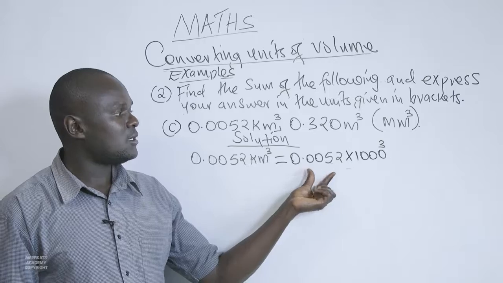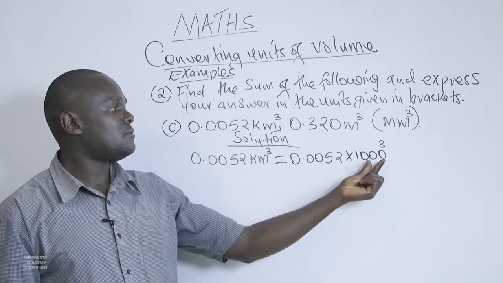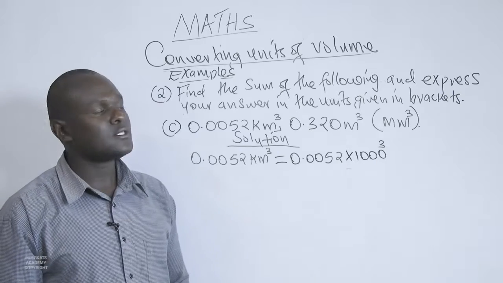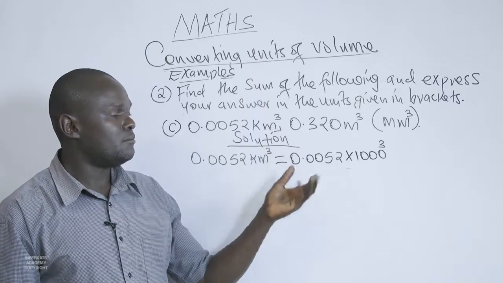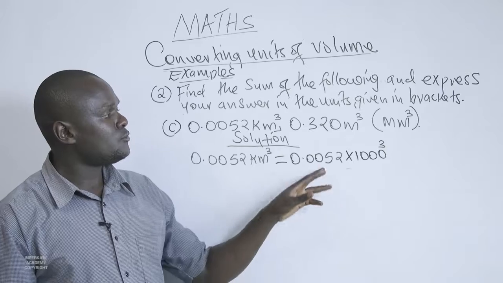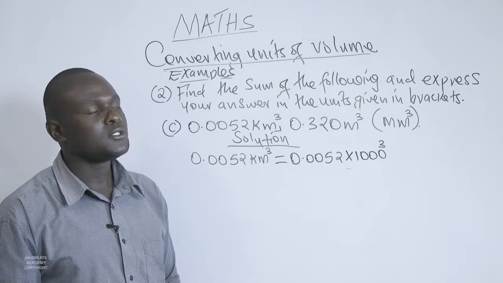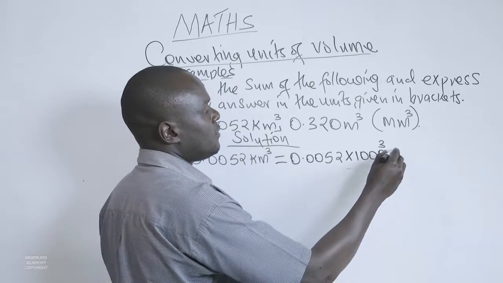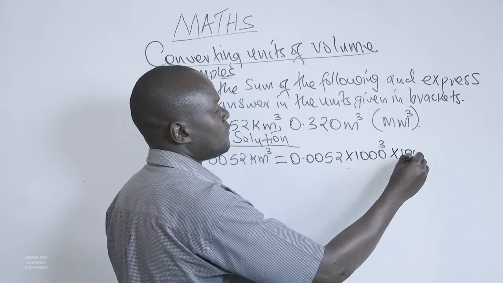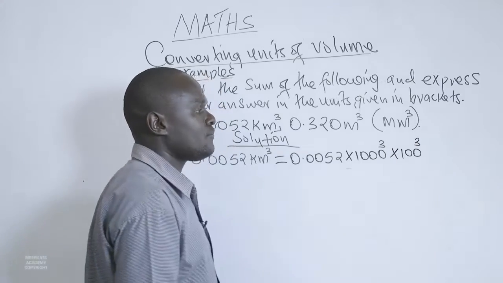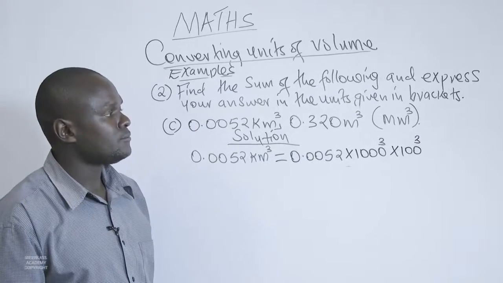So this figure, by virtue of being multiplied by 1,000 raised to power 3, is already converted to cubic meters. Then to convert it from cubic meters to cubic centimeters, we multiply by another factor of 100 raised to power 3, which is 1,000,000.